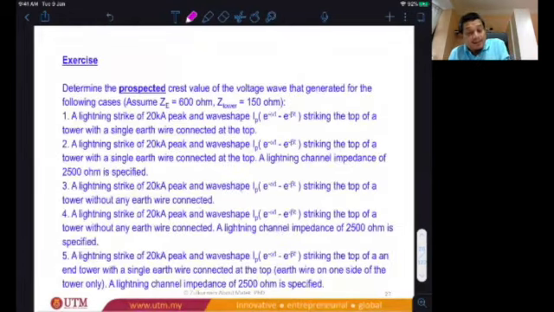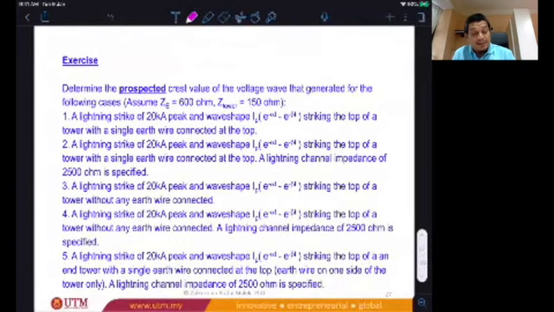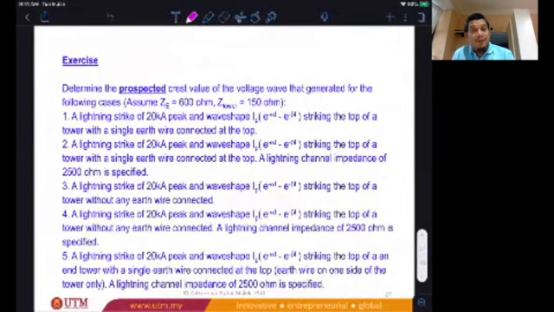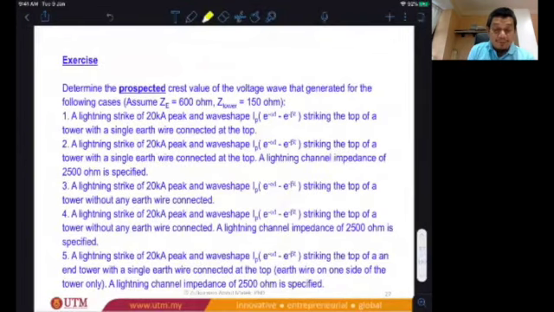If you understand what I have discussed just now, can you solve this problem? Determine the prospective crest voltage. I mean, what is the voltage value if ZE, the transmission line or the earth line impedance, is 600 ohm and Z tower is 150 ohm. In the first case, the lightning is 20 kilo-amp peak.